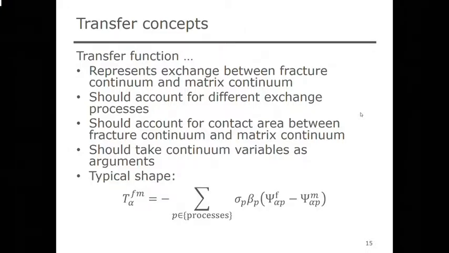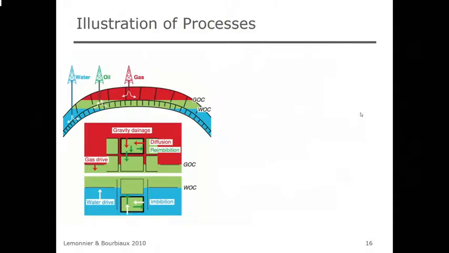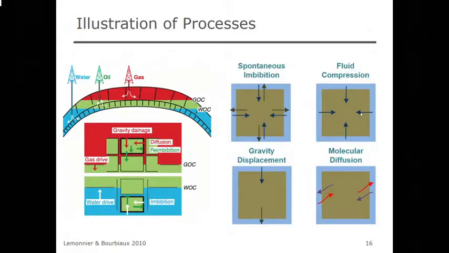And then we can formulate a typical shape that allows for a transfer that is proportional to some potential difference. Now, what are the typical processes that we are looking at?